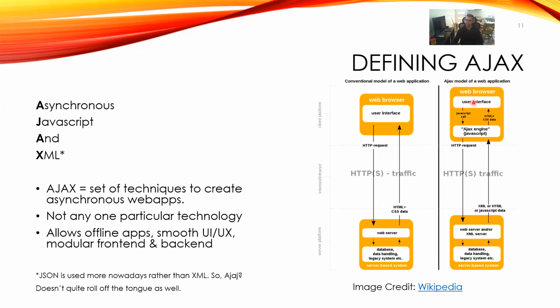And this diagram kind of represents the old way, where the web browser is kind of just the interface. We send requests to the web server, it does its thing, and then the web server sends back everything. But now the web browser still has a user interface, but we're pushing through to this hypothetical AJAX engine, which doesn't really exist, right? This is like the specific technology that we use to do all this asynchronous stuff.